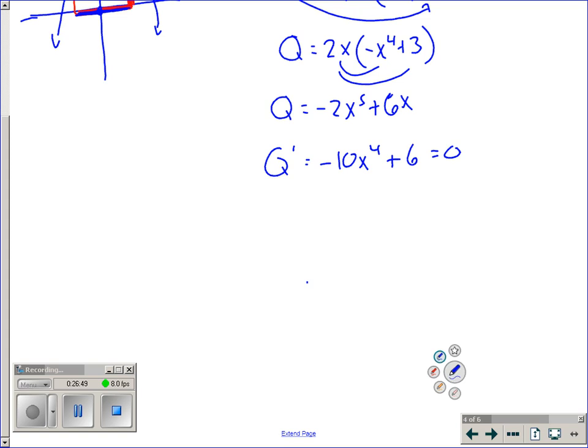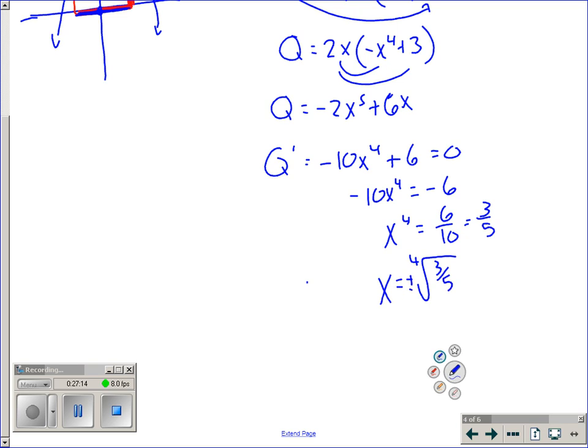That's just negative 10x to the 4th equals negative 6. x to the 4th equals 6 over 10, or 3/5. And finally, I'm going to take the 4th root. So if I take the 4th root, I'm left with the 4th root of 3/5, and that is plus or minus.